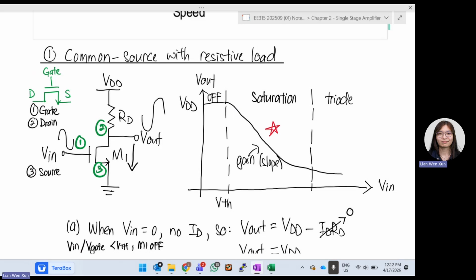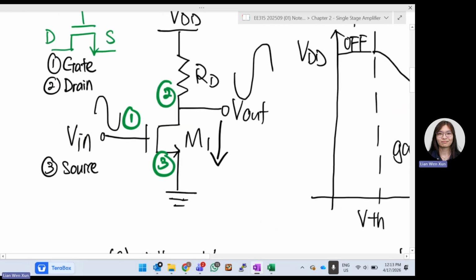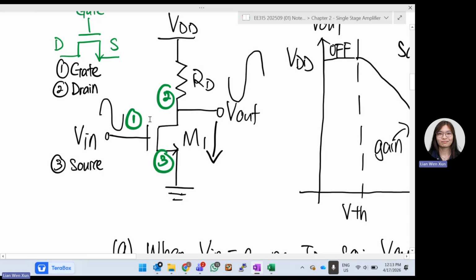We will draw one NMOS first. This is your NMOS at the bottom. This is your drain, this is your source. When we say it is a resistive load, it means it's a resistor. We will have one resistor at the top. We call it RD.